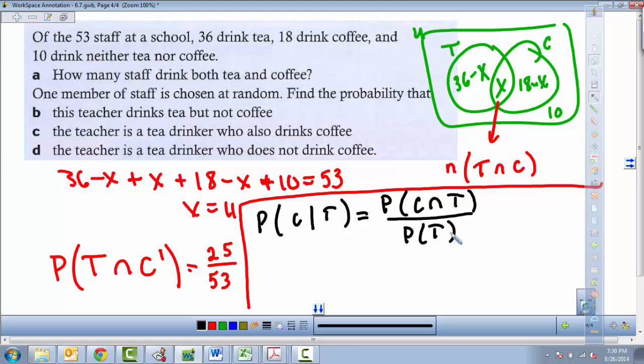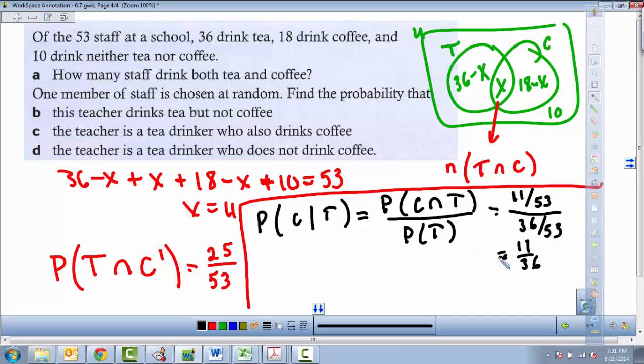What's the probability of this intersection? Well, that intersection, there are 11 things out of 53, over probability of T, that's the entire circle, 36 out of 53. This probability is 11 out of 36.